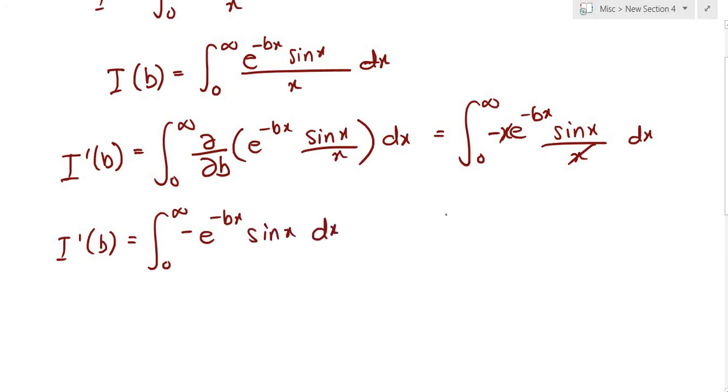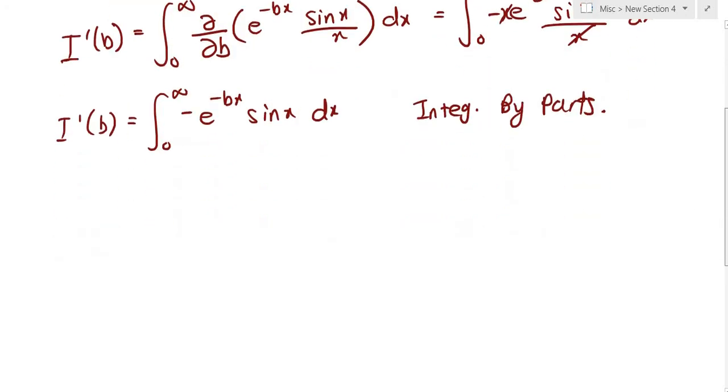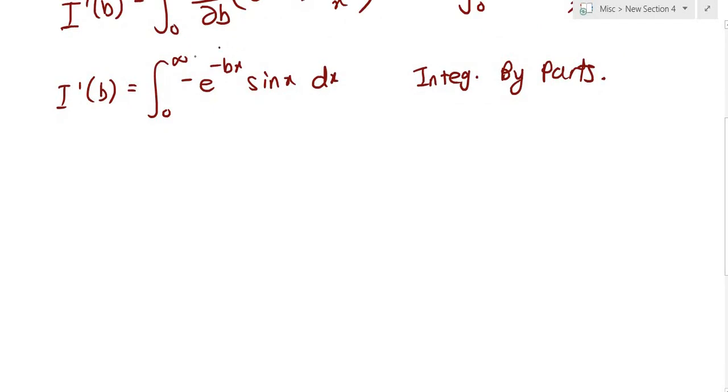And like our trial number 2, we have to use integration by parts. So we want to integrate this and differentiate this. So the integral of e raised to negative bx is e raised to negative bx divided by negative b.